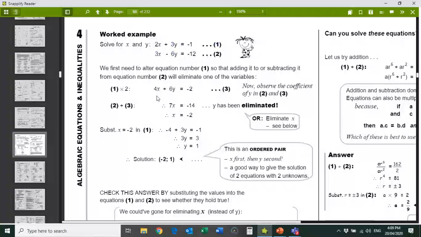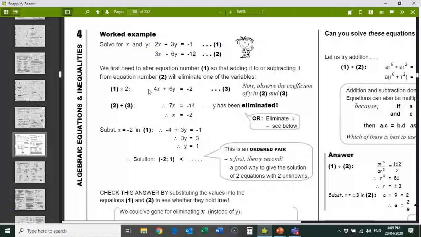So all I want you to do then is just imagine now we have 4x plus 6y is equal to -2, and we're just going to minus this, minus 2 from 3. Okay, so here, imagine this should be minus 3x minus 6y is equal to -12.